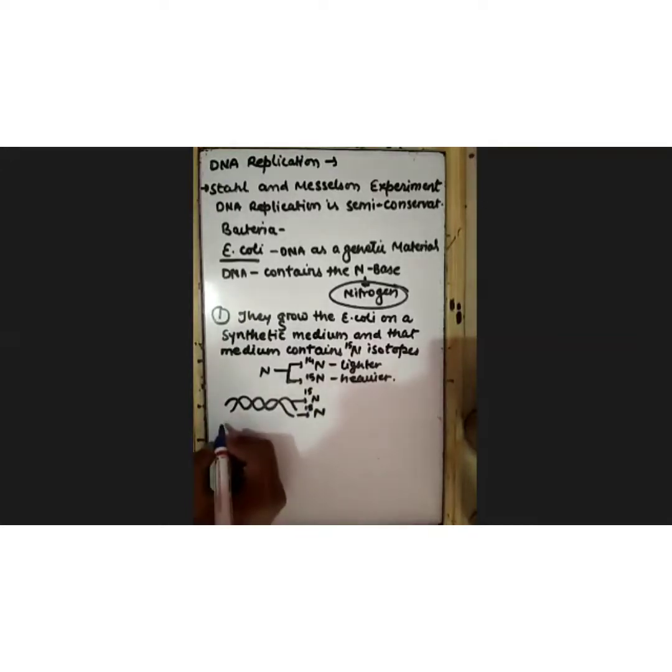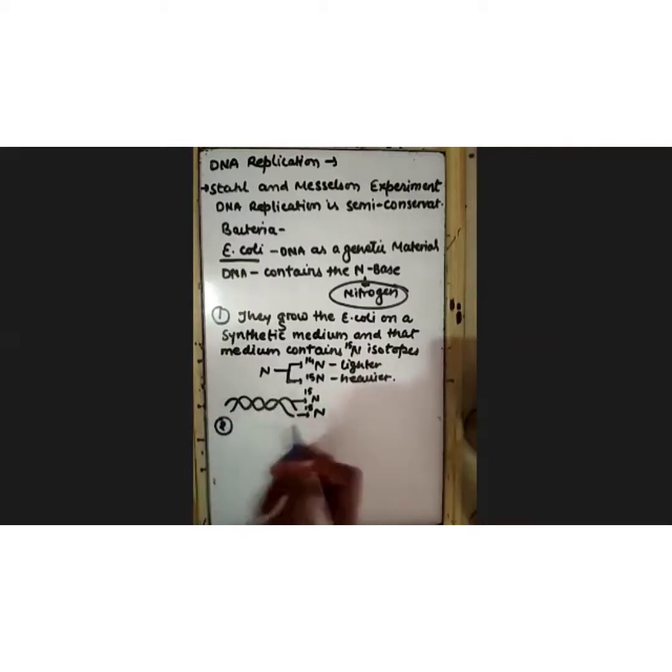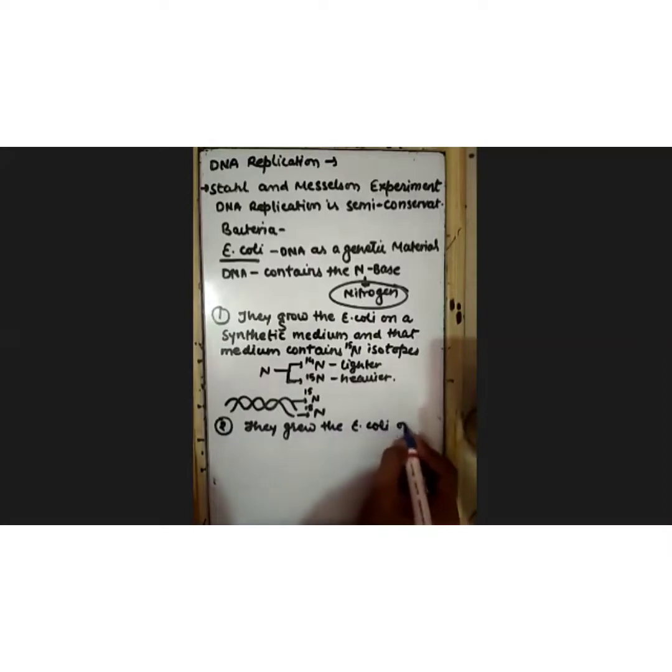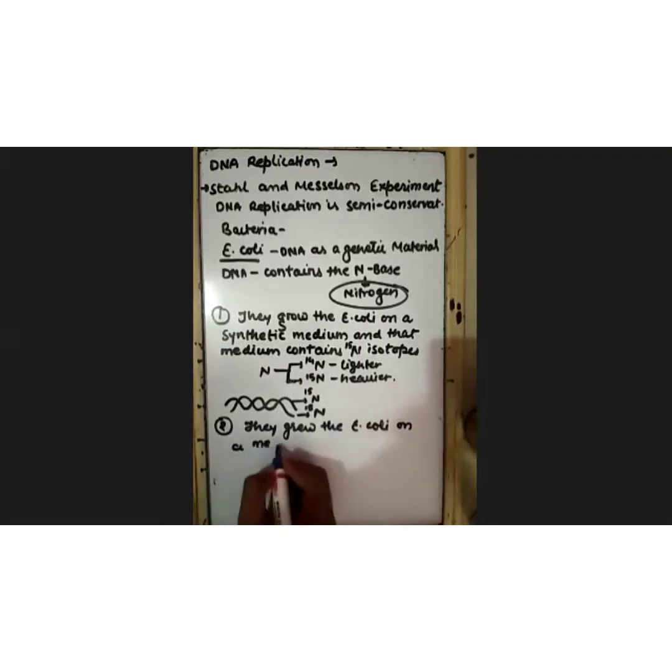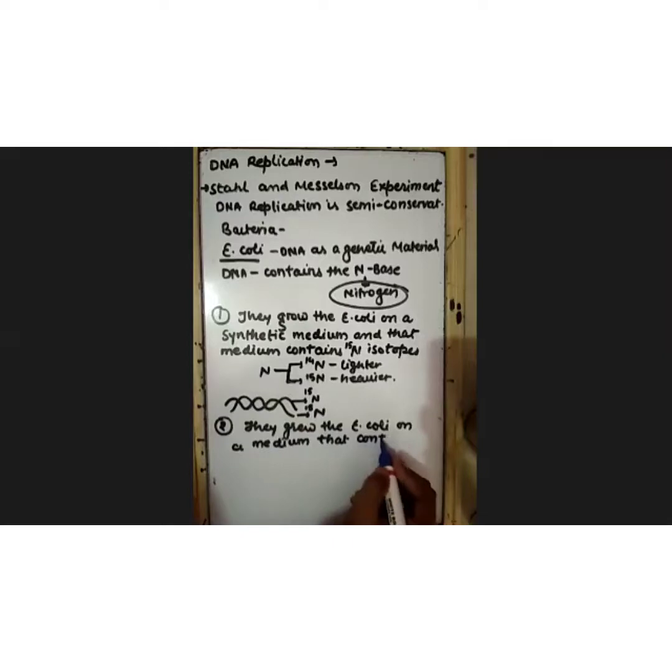In the next step, they grew the E. coli on a medium that contains the N14 isotope.